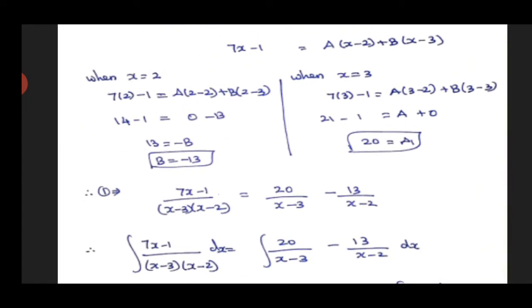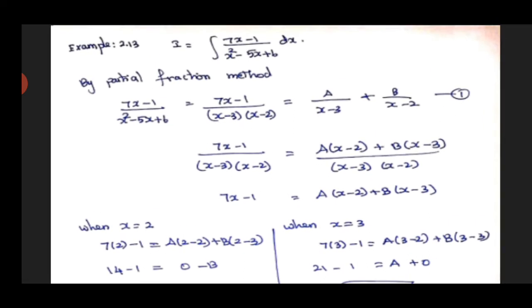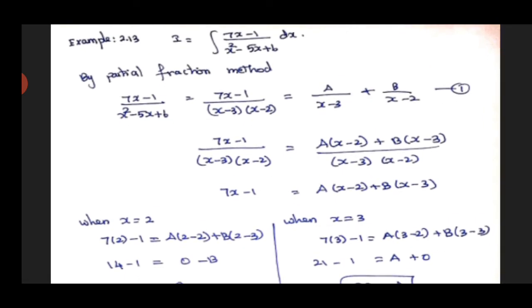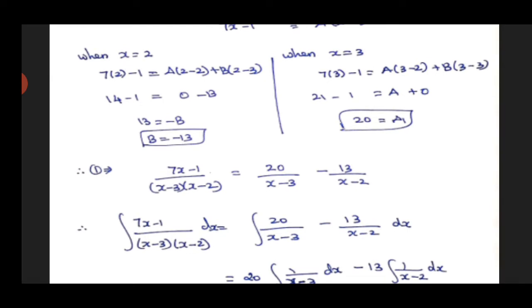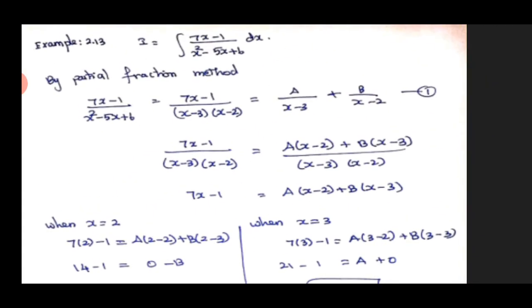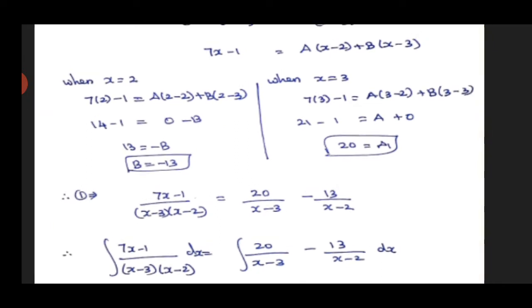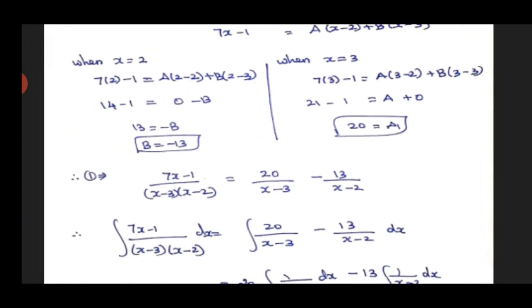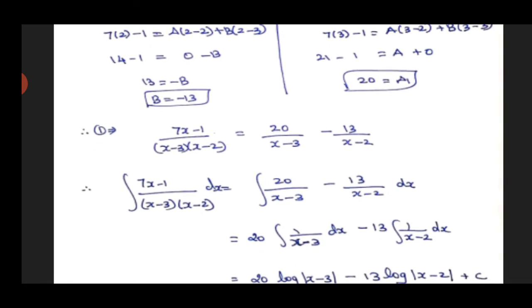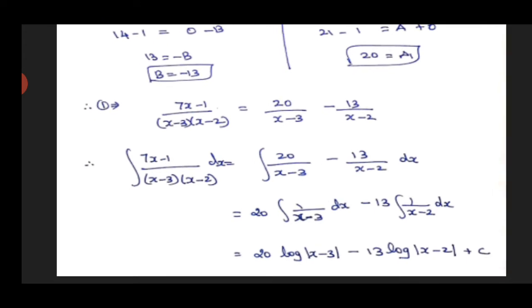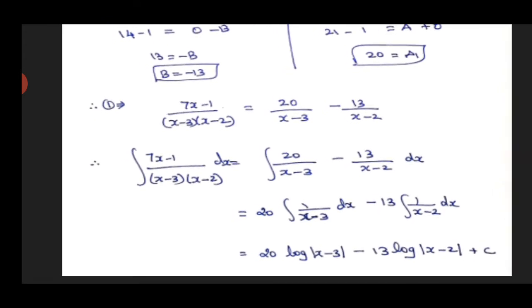Take this a value 20 and b value minus 13 and apply in equation number 1. So we have the question (7x minus 1) by (x minus 3) into (x minus 2) becomes 20 by (x minus 3) minus 13 by (x minus 2). So we got this. And after that, give integrals on both sides. Now we have two terms in the integral. Give the integral to the two terms separately.